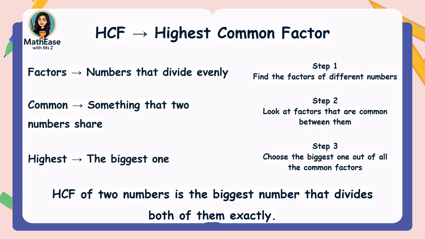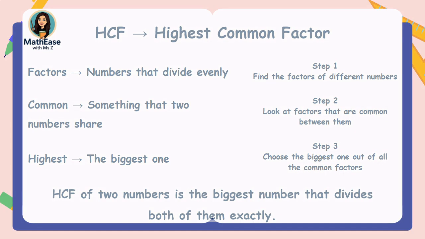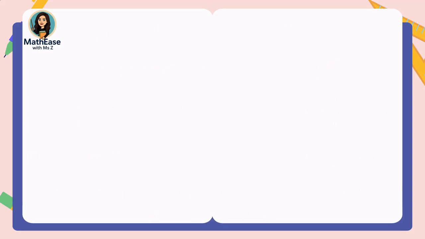It's always a better idea to see this in action with an example. We'll find the HCF of 24 and 36. But remember, we're not going to use the proper method just yet. Right now, we're just going to understand what it is, since that will help us out a lot later on.